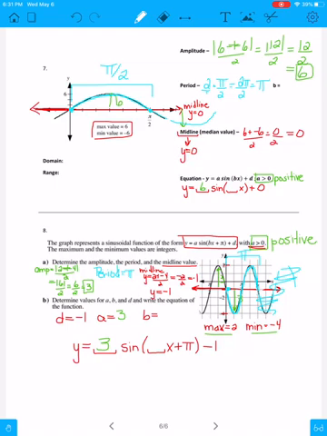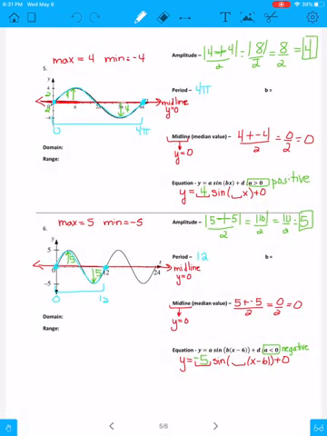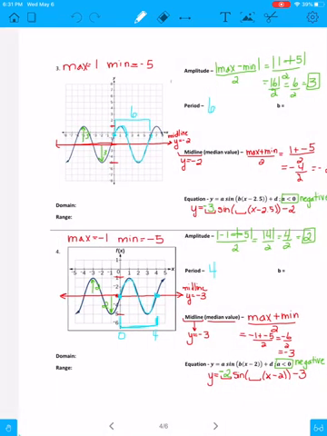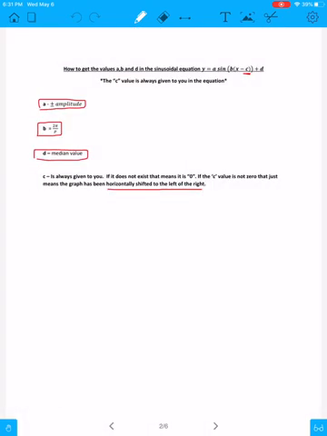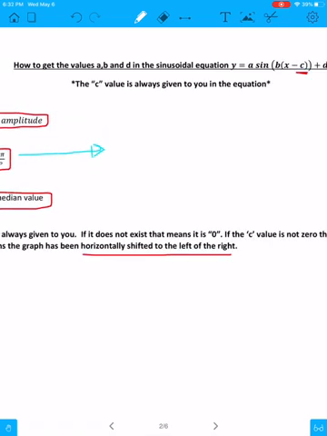So we're going to go to page 2. Our A is our amplitude. Our D is our median value, or midline. How we get our B is, and it's there, but I'm just going to write it bigger so you can see it, our B actually equals 2 pi divided by our period.